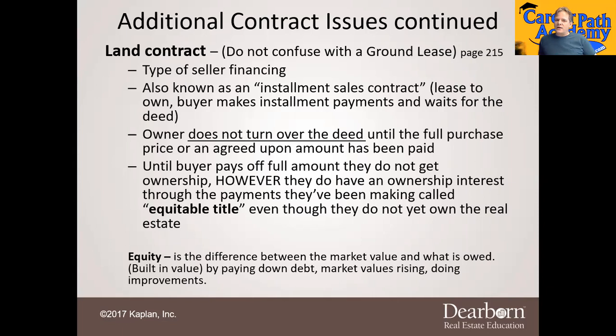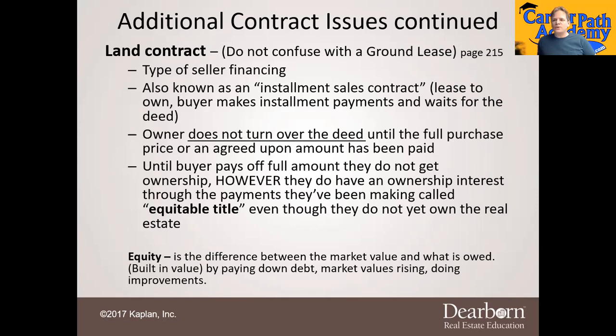Yeah, I created this slide that explains it a little bit clearer than what they have here. So what is a land contract? Well, first of all, we didn't get to chapter 12 yet that talks about ground leases, but sometimes people mix these two things up. So I put here on the first line, land contracts, do not confuse them with what a ground lease is.